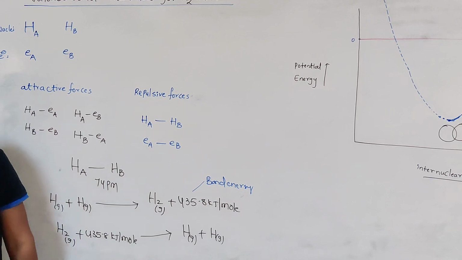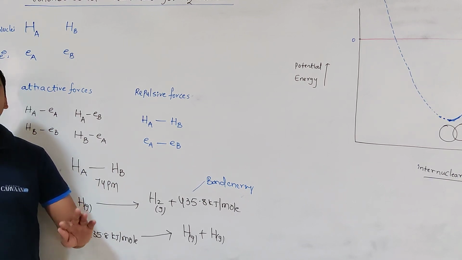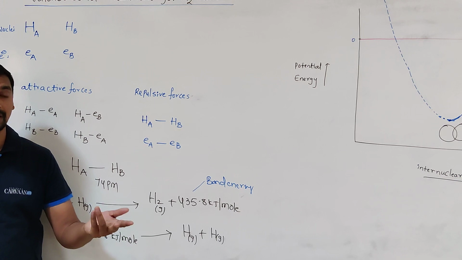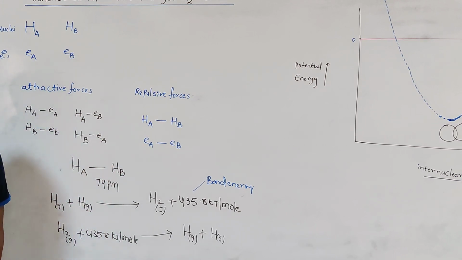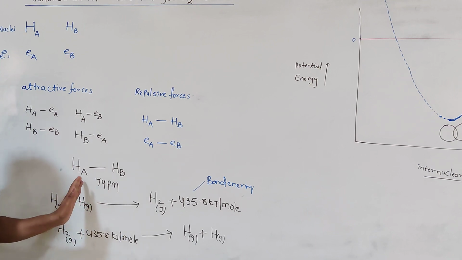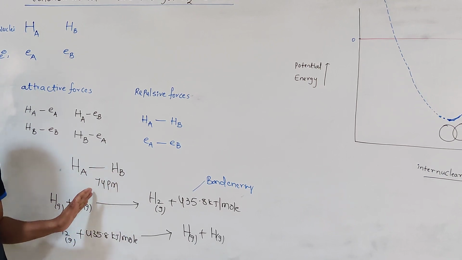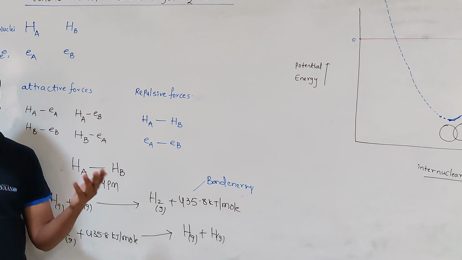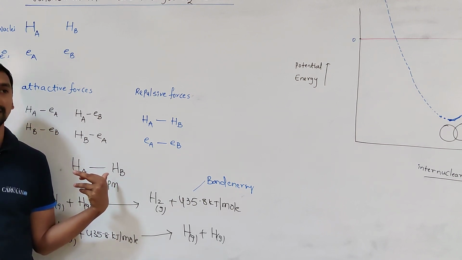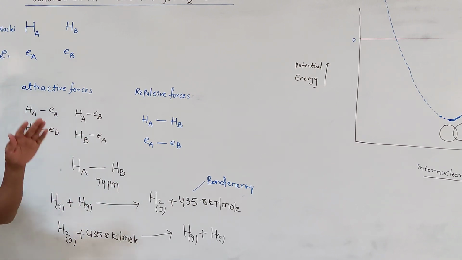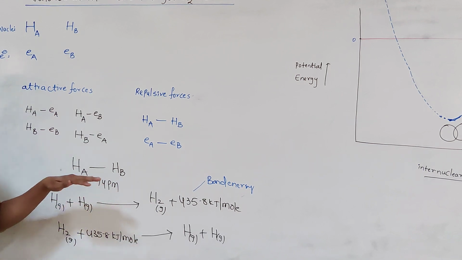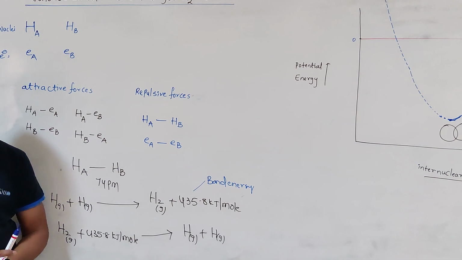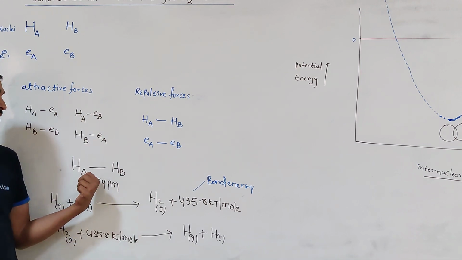The stability of the system decreases and the energy of the system increases, which corresponds to minimum stability. So if you keep the two atoms at less than 74 picometers, the potential energy of the system increases and the stability decreases. That's why at 74 picometers only, this system acquires maximum stability and minimum energy.